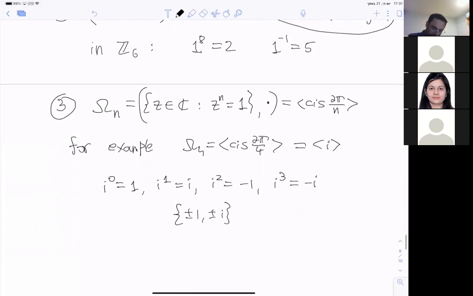You can see it on the unit circle. You take the first time that it appears. So in the case of 4, it appears first here. This is cis.